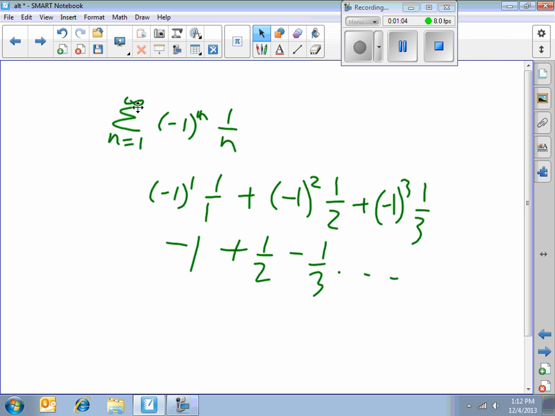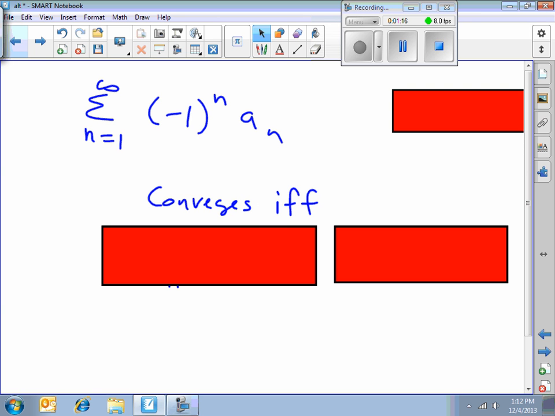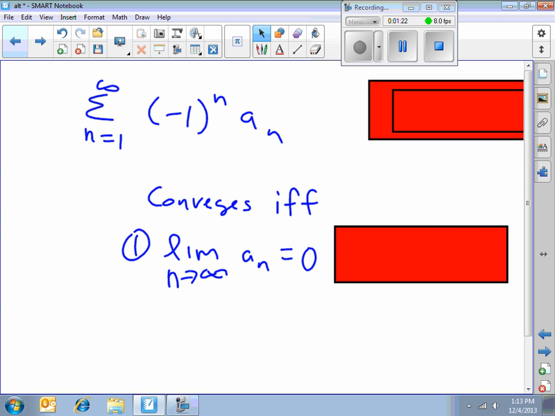The reason I said this is going to be easier is this is how you can tell if the alternating series converges. It converges if and only if, first, the limit as n approaches infinity of a sub n equals 0.